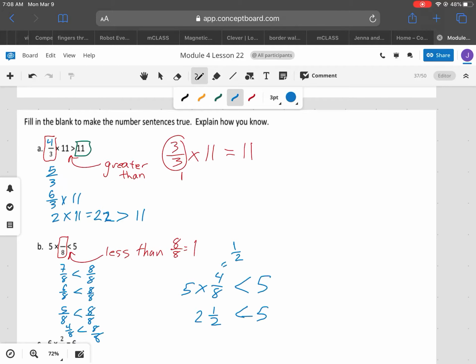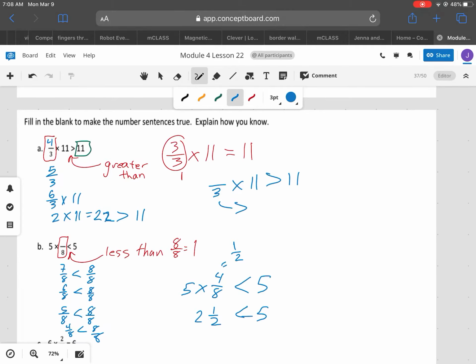for this one here. Okay, so here we go. How would we explain it with words? Well, you could explain it many different ways with words. I'm explaining it with numbers, as long as you show that you need something greater than. So I need something greater than 11.